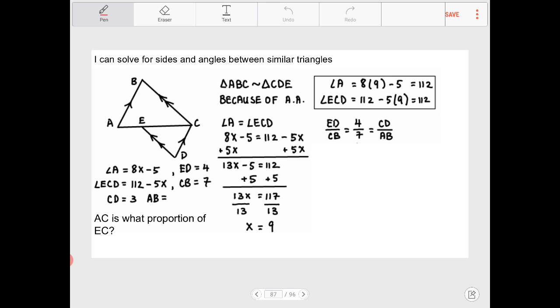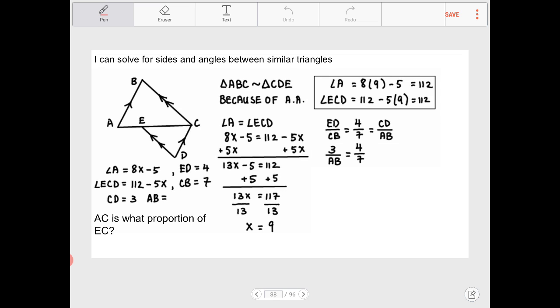Next, I also recognize that the side lengths ED to CB proportionately should equal CD to AB. This must be 4/7. So again, ED to BC, because they are proportional, should be equal to CD to AB. We have 4/7 here.